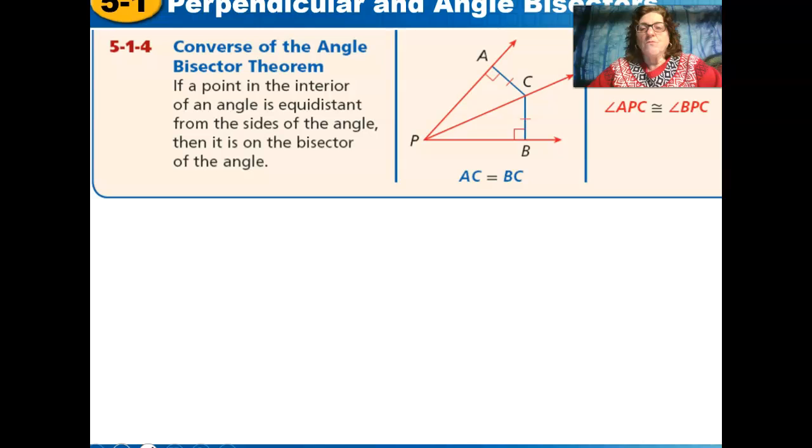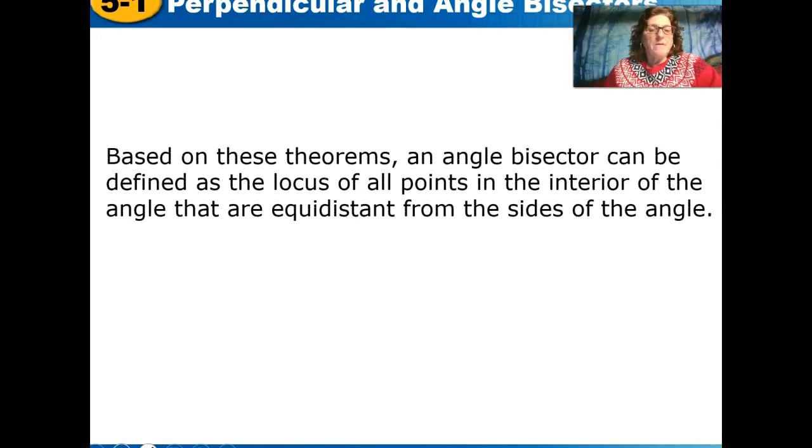What would be the reason we could say that these two triangles are congruent? Hopefully you said HL. Therefore, we would say that the two angles would be congruent to one another. By the angle addition postulate, we know that the two angles equal angle APB, and therefore PC is indeed the angle bisector. So again, these are referred to as a locus of points because they meet the same condition.